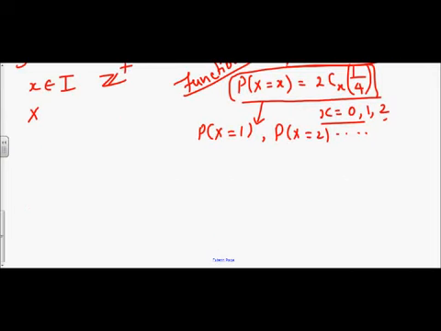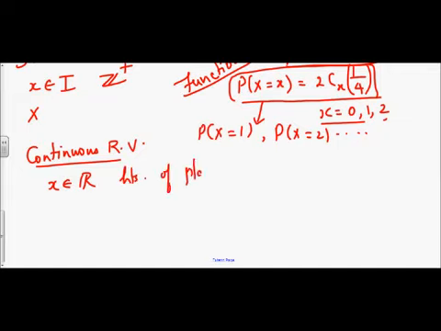The opposite of discrete is continuous, and we'll be dealing with this soon: continuous random variable and continuous distribution. Here the value of x is any real number. For example, if you take the height of a plant, and you are measuring the height at different times, you can have the plant height be 1 centimeter, 1.1 centimeter, 1.3 centimeter, 2.4 centimeter, etc. They are not just integers, they can be any real number.